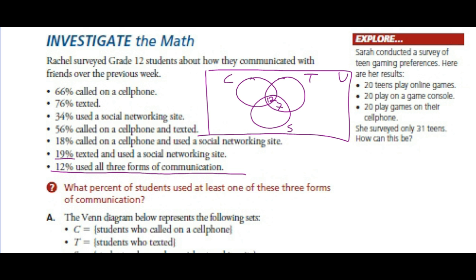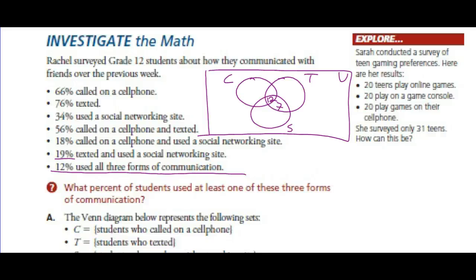Okay, so here's the really important distinction in this idea. This little football here is texting and social networking. Part of this is texting, social networking, and cell phone. So if I say 19% texted and used a social networking site, that 19% includes the 12 that did all 3, because if you're doing all 3, then you are doing texting and social networking.